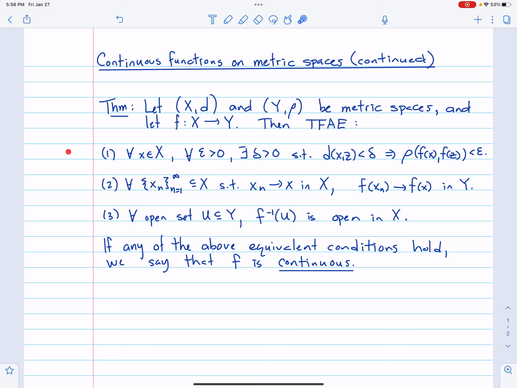So this is the direct analog of the definition of continuity you may have seen in Math 290. There's also a way to characterize continuous functions in terms of sequences.